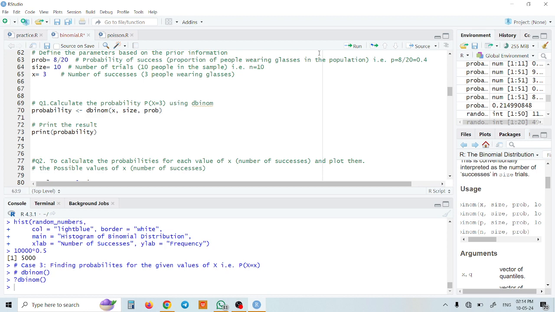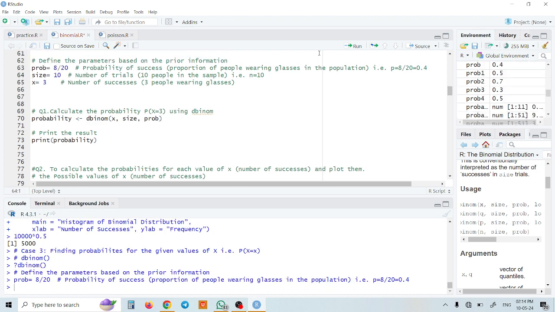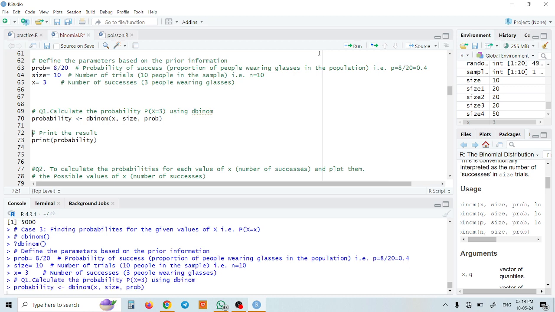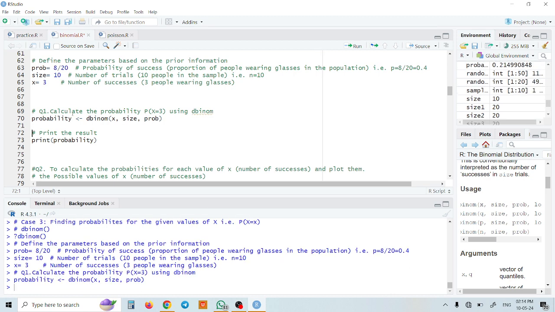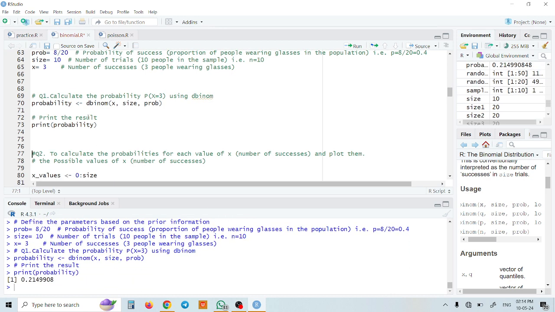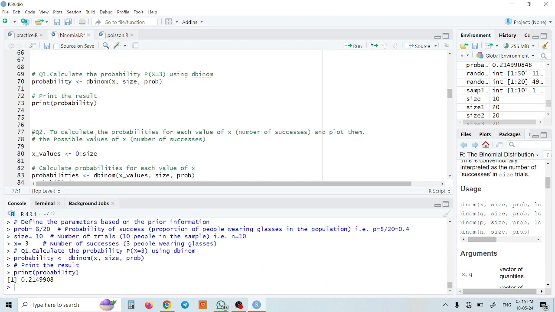First we run it to see what arguments are needed for dbinom, and then we run dbinom. The result is saved in probability, and we will print it. So the probability that 3 people wear glasses out of 10 is 0.21, so there is a 21% chance. This is how we can find the probability for a given value of x.